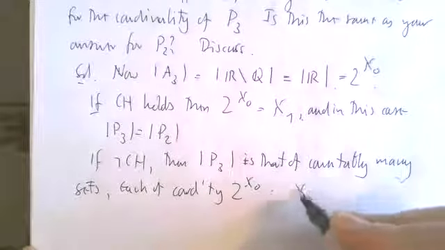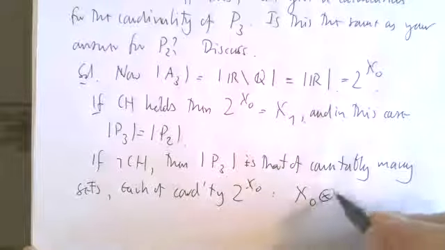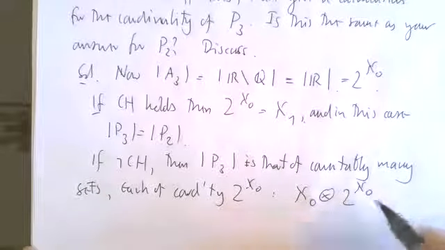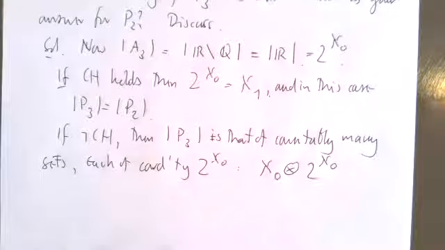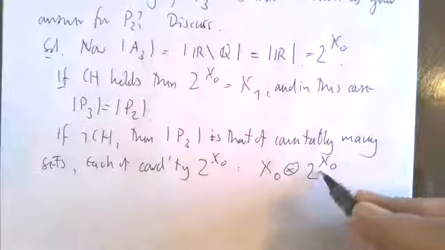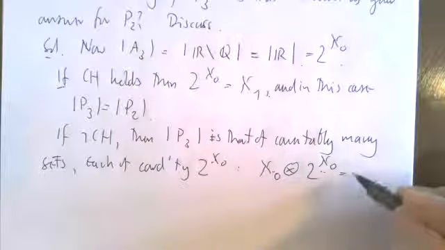So I've got Aleph 0 many sets times 2 to the Aleph 0 here. Countably many sets, size 2 to the Aleph 0. This is the bigger of the two, so it's this.